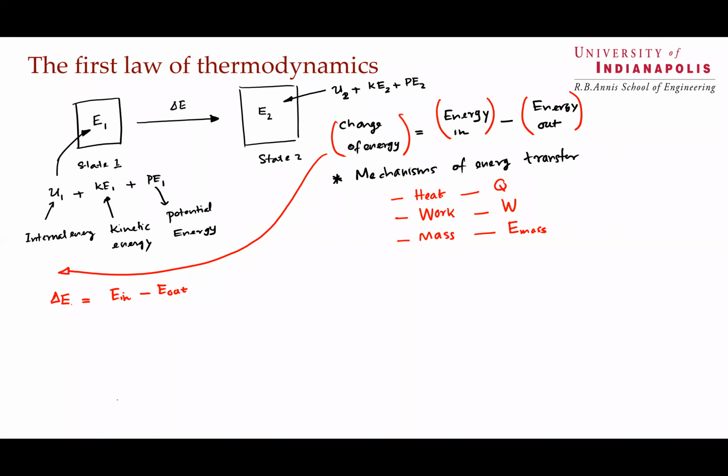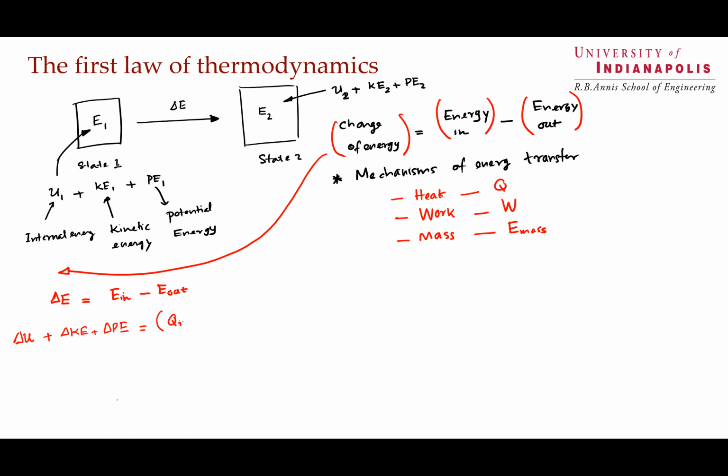Now delta E is delta U, internal energy change, that is U2 minus U1, plus delta KE plus delta PE. And then E in, there are three different ways that you can input energy, right?